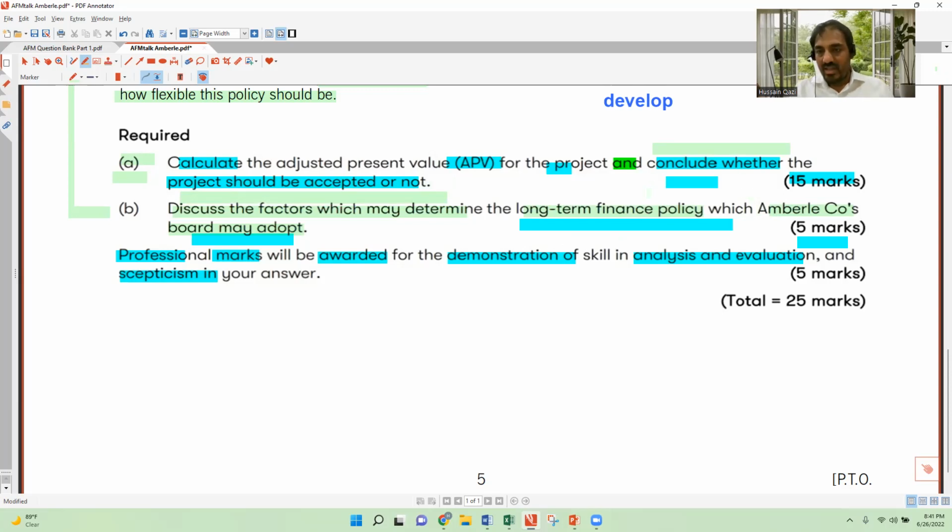Out of 15 marks, the majority of the marks are from the calculation we have done, but we have not completed 100% of part A, because the conclusion carries 3 to 4 marks. So how to write the conclusion, that's the first thing.